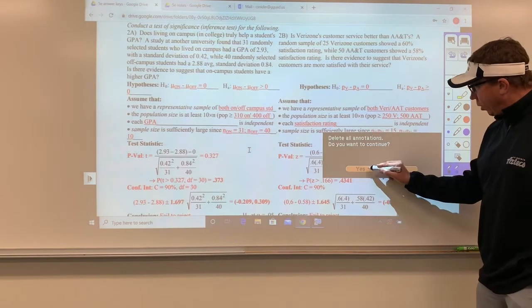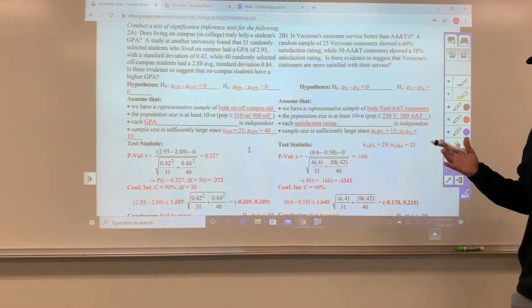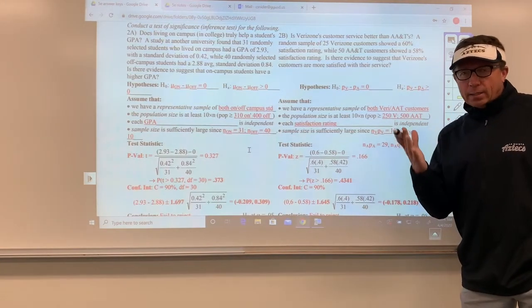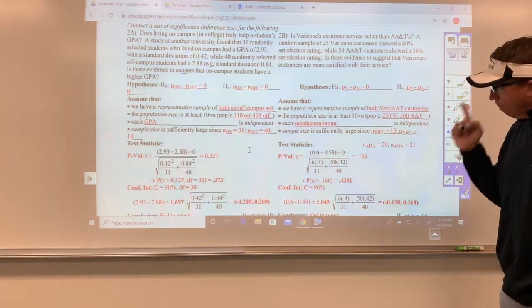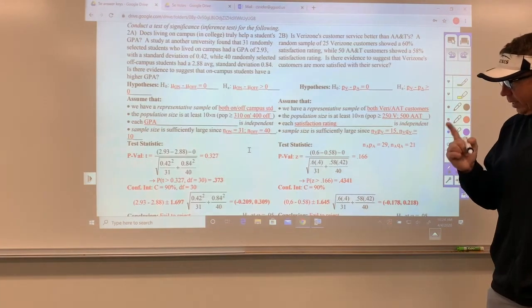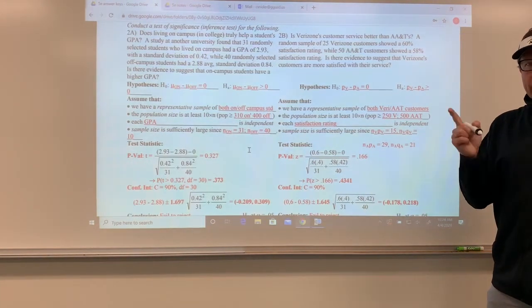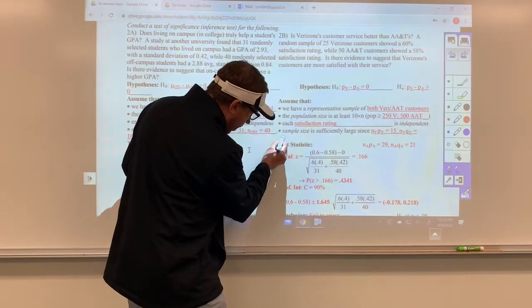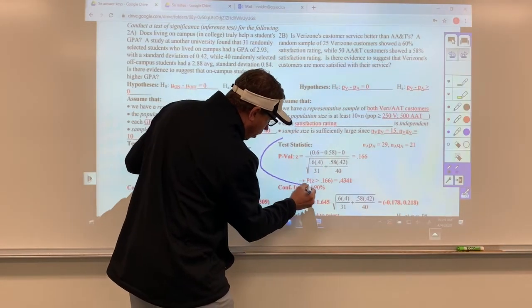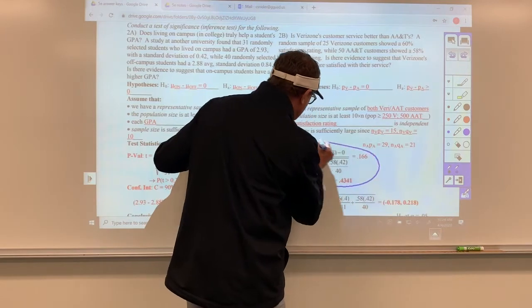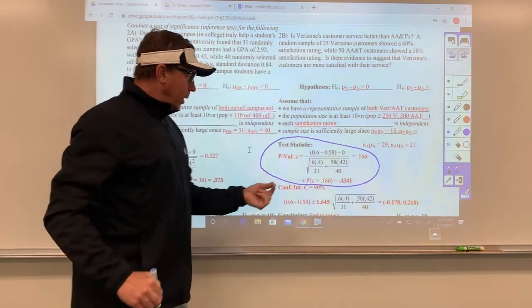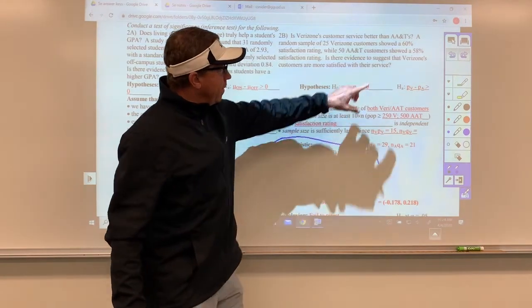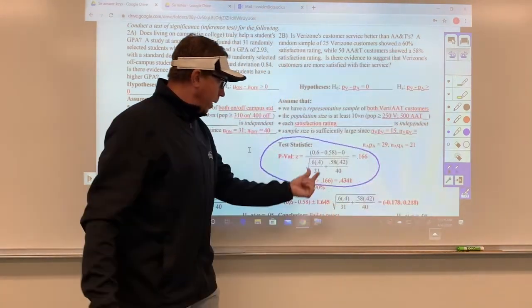Step 1, H0 HA. Step 2, the requirements. Step 3 is to develop the test statistic. You are most likely going to be doing this on the calculator, not here. But I'm going to show you the long way. What you're going to do is take the difference. The difference is 0.02 between 60% and 58%.